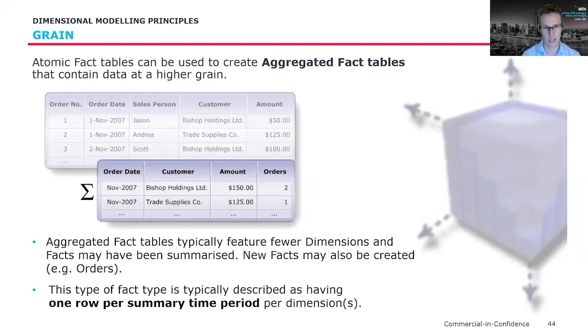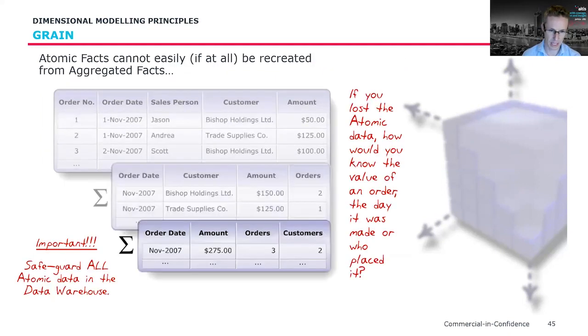So as we can see here, as we aggregate up, typically dimensions drop out. In this particular scenario, we can see our salesperson order number has dropped out of this aggregated level. As we aggregate again, dimensions typically fall out of the scenario as well.